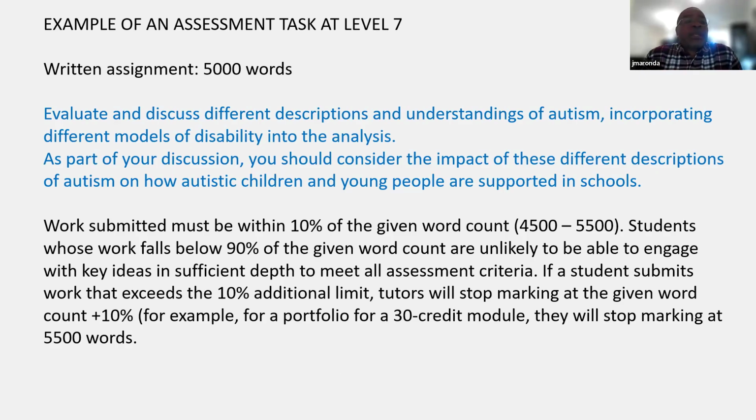So if you can look at the screen there, that is a 5,000 word written assignment that asks students to evaluate and discuss different descriptions and understandings of autism, incorporating different models of disability into the analysis. As part of the discussion, you should consider the impact of these different descriptions of autism on how children and young people are supported in schools.